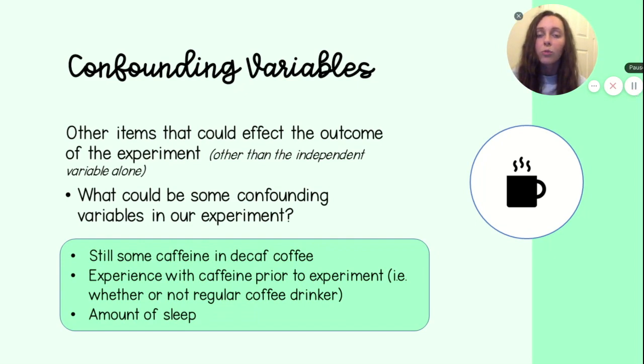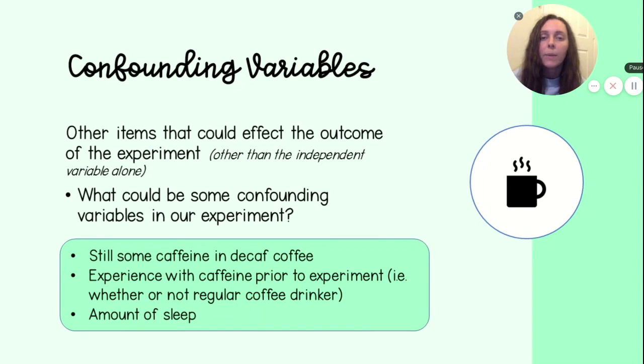So how do we get rid of these confounding variables? That is why we have to control our experiment, and that's why we randomly assign people into different groups. Because like I said before, you don't want all the active people in one group and all of the people who drink coffee all the time in the other group, right?